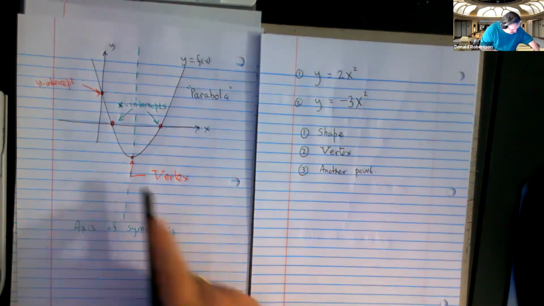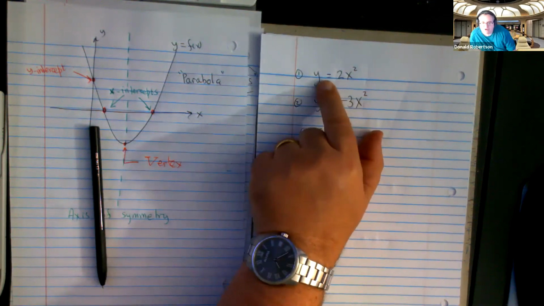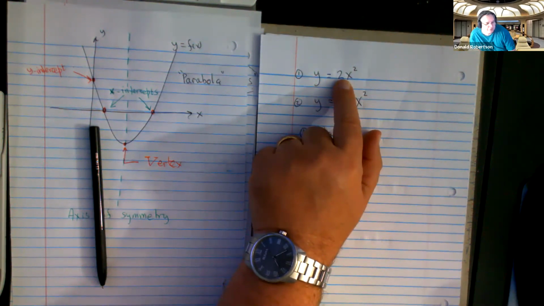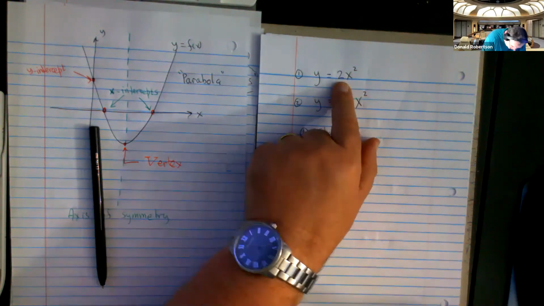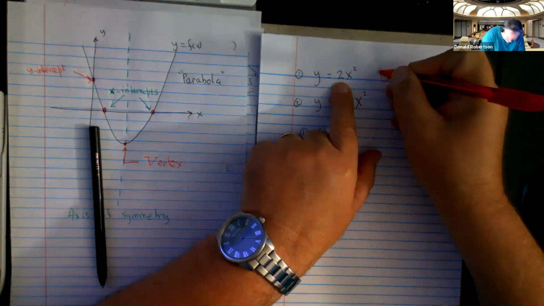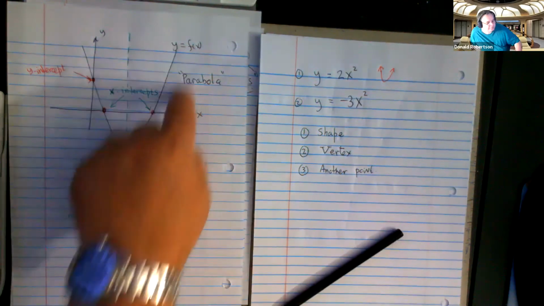So when you have a quadratic and the number next to the x squared is a positive number, like 2x squared, 5x squared, 3/5 x squared, if that's a positive number, your quadratic will have this shape. It will look like a happy face, which is pretty much what this one is, right?